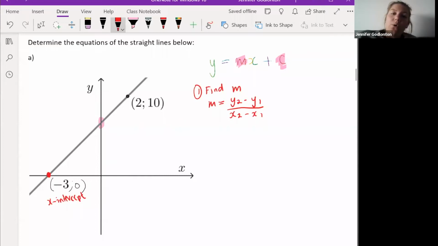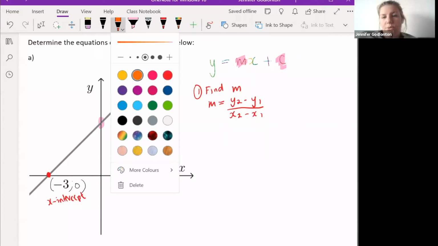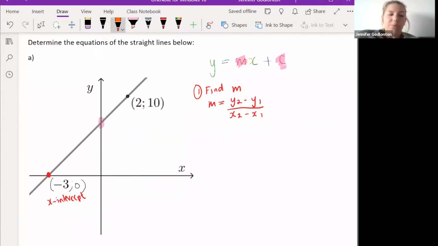Okay. Once we know our two sets of coordinates, sometimes it just helps to label them. Doesn't matter which ones are 1s and which ones are 2s, as long as you have a pair together. So I'm going to make that x1 and y1 and x2 and y2. All we do from there is we put it into our formula.